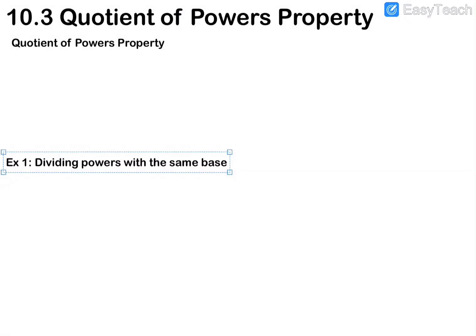So this is what this looks like. Say, for example, I have 4 to the 5th power divided by 4 squared, or 4 to the 2nd power. So you can see both of those powers have the same base of 4.